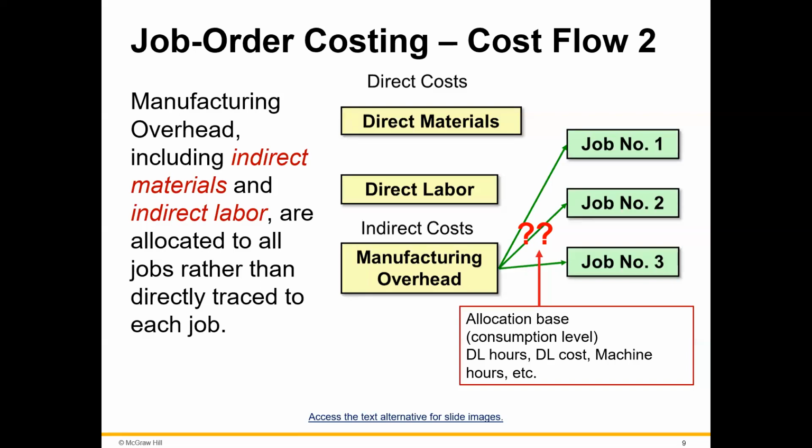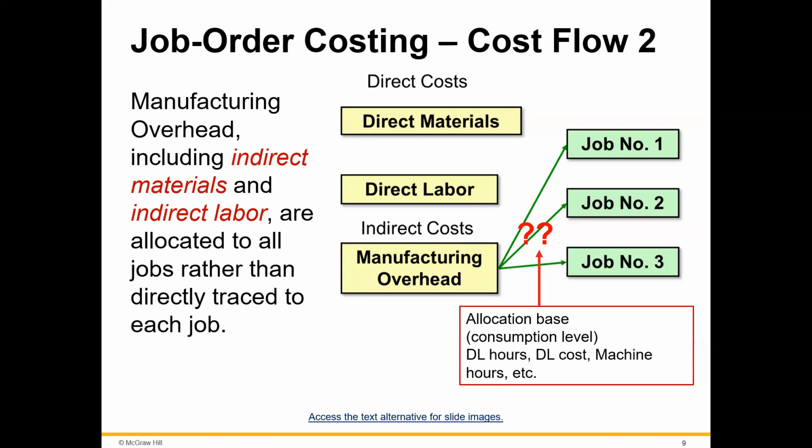Hello, last time we learned that in the job order costing system, direct materials and direct labor can be directly traced to each different job and captured by the job cost sheet.